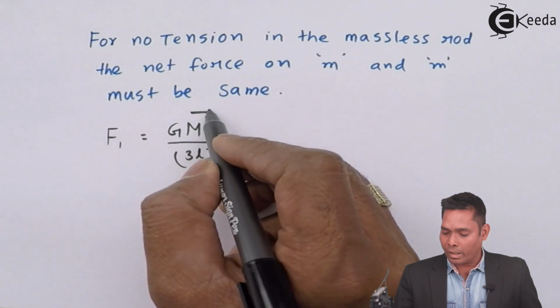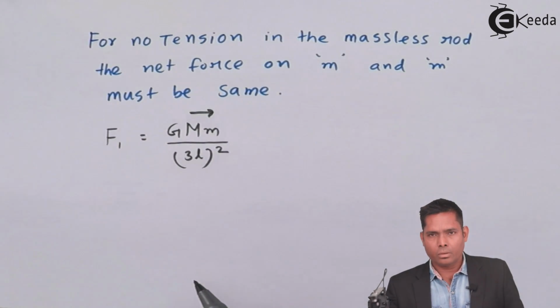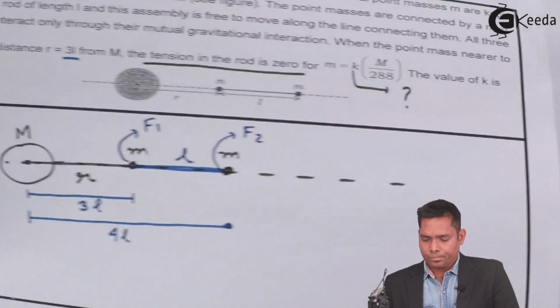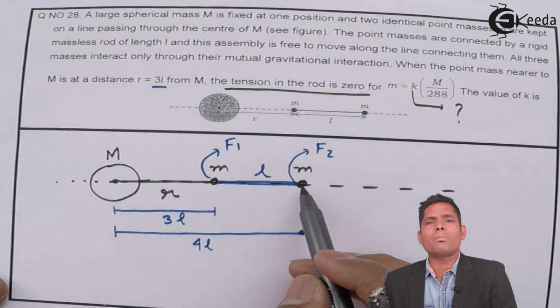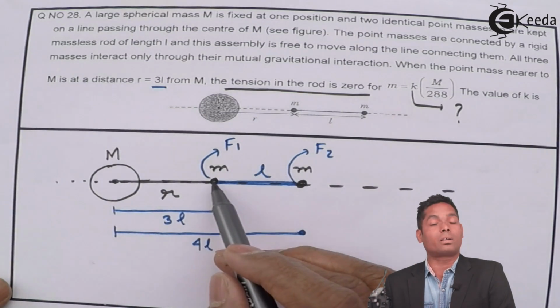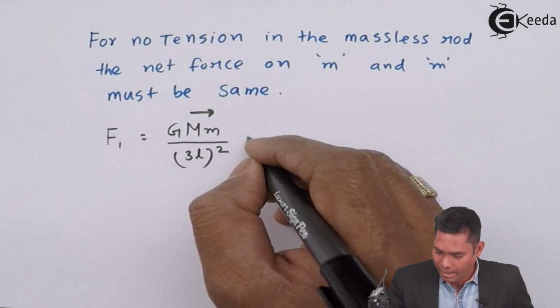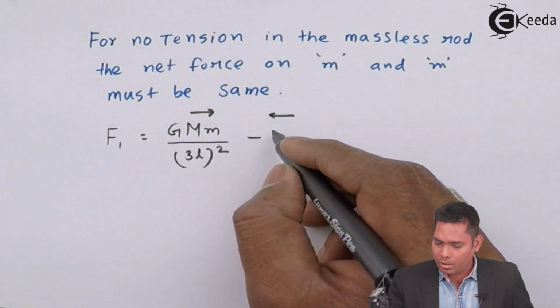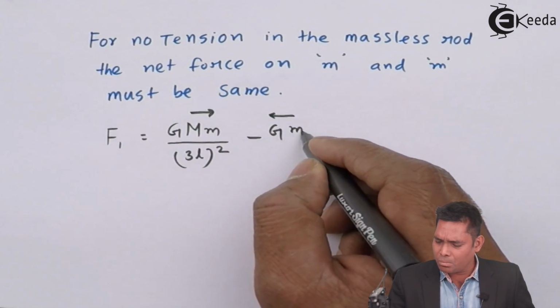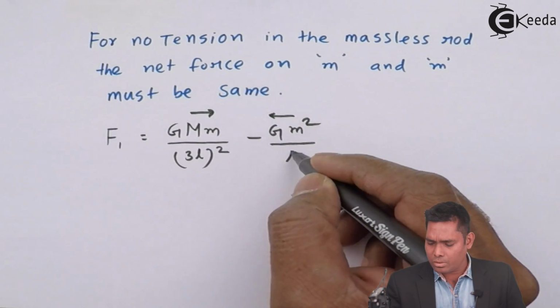This force is towards right, and due to the small mass m, this force on this mass is towards left and therefore negative. So minus, because this force is towards left, G, because of these two smaller masses, m square divided by distance L, so L square.